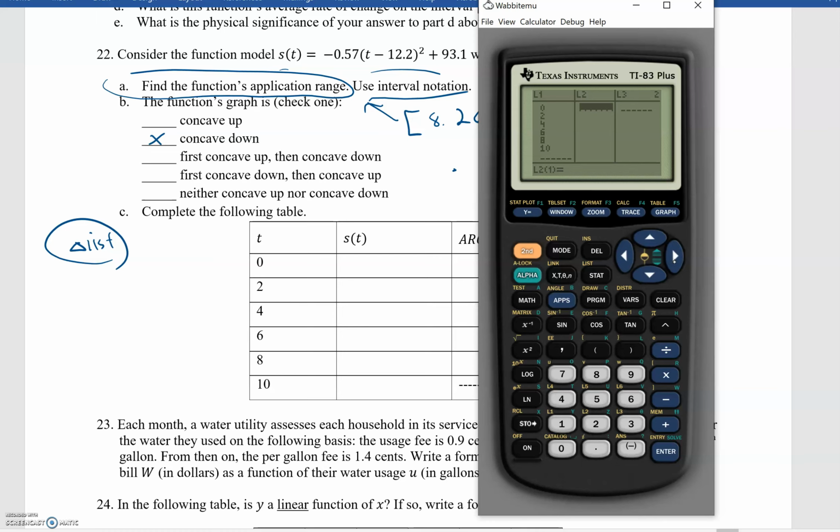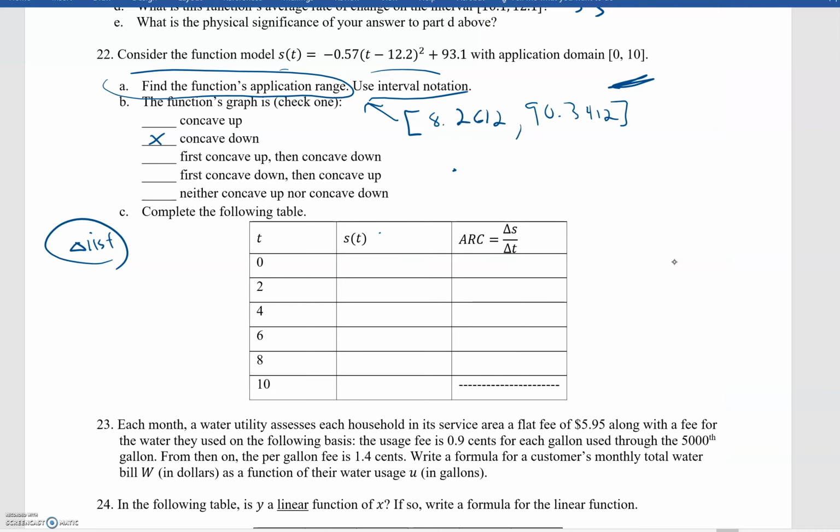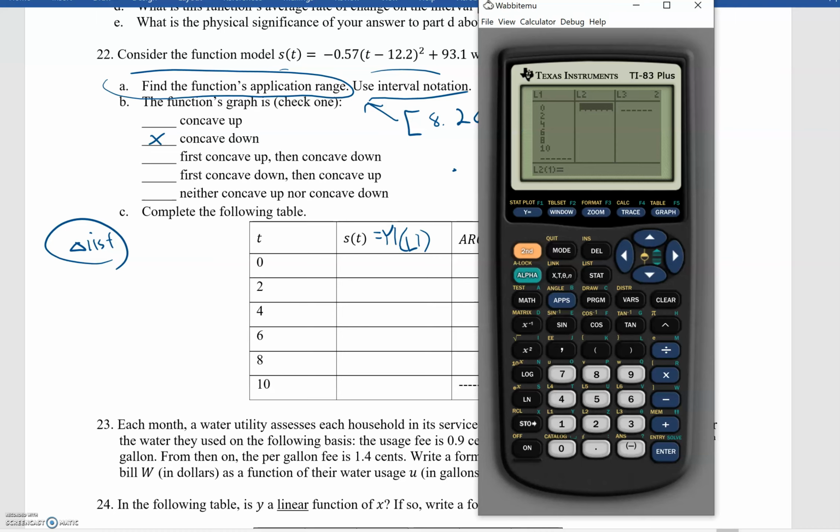L2 is the function evaluated at each of these. So what we're actually going to end up typing in here is y1 of L1. And what that will do is use the function y1 and evaluate it at each of these inputs. So this is sort of the smart way to do this multiple times.